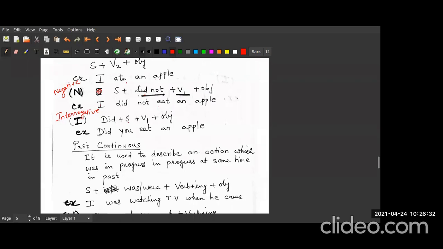But as I told you, a sentence can be complete without an object also. She is reading. यहाँ object नहीं है, but the sentence is complete. So you can have a sentence without an object also.